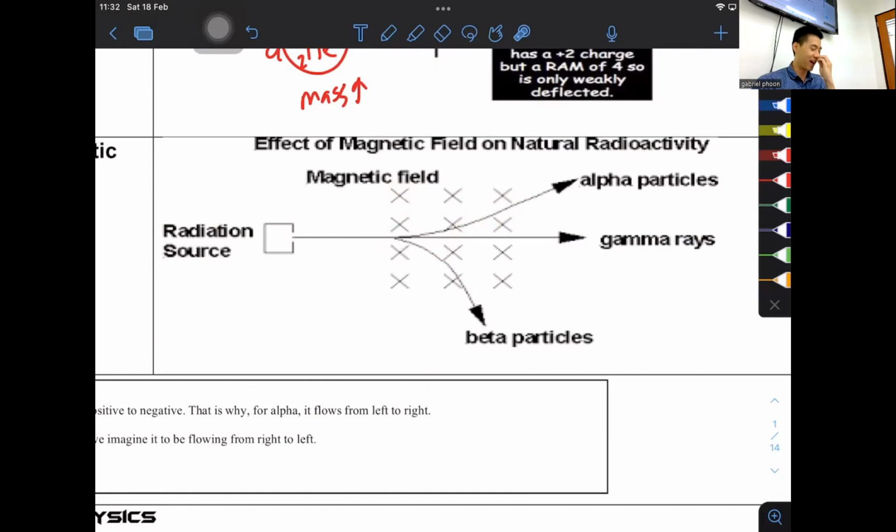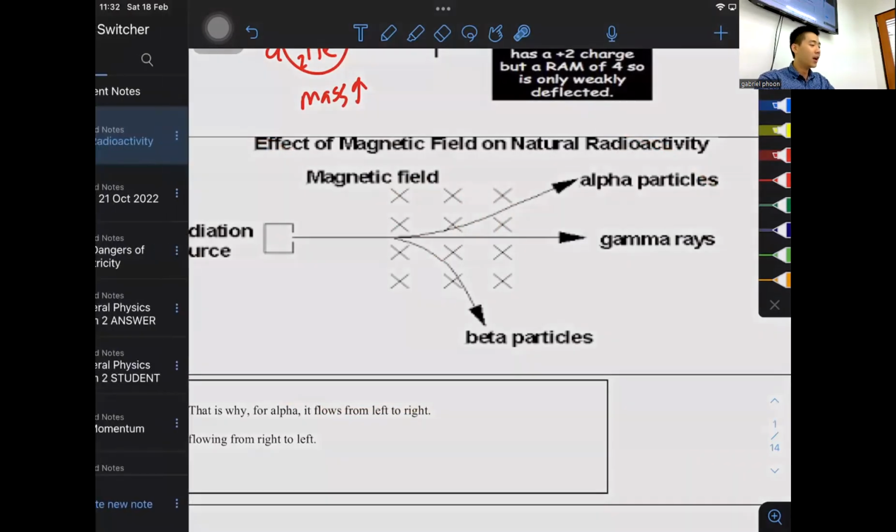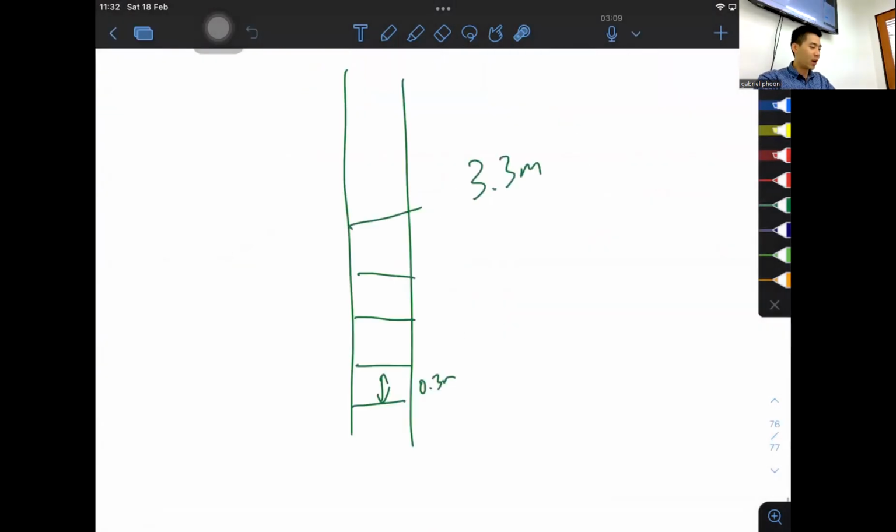Right, and because of that, now let me tell you this is very, very important. If you can do this, I can say that you're better than at least 50% of the students already. So before you can even think about how radiation behaves in the magnetic field, first and foremost, you need to remember the basic understanding of how current and electron flows again.